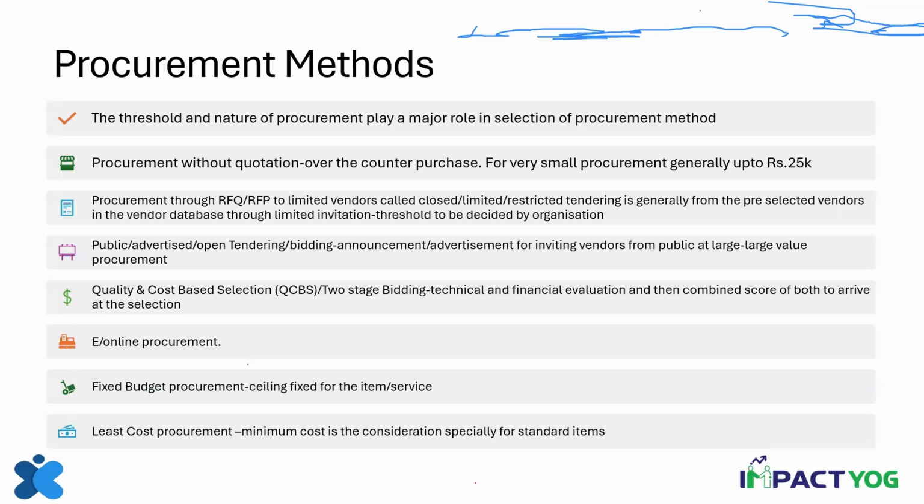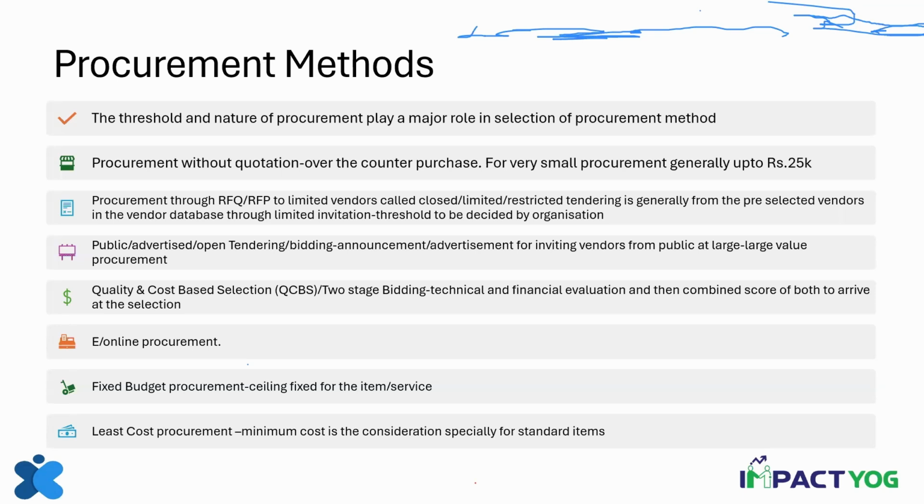So if that particular vendor is not fulfilling the technical score that is required for that bid, then that particular vendor will be rejected or dropped at that stage and not taken to the next stage in the two-stage bidding. But those who have crossed that threshold that has been laid down at the time when you are doing this public QCBS.